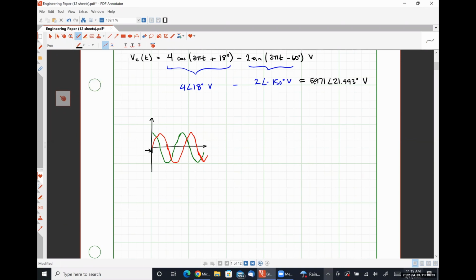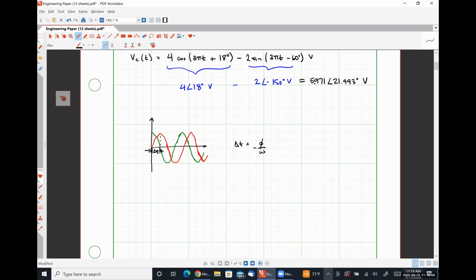So from here to here is delta t, where this delta t is related to omega, radians per second, and our phase angle phi over omega.